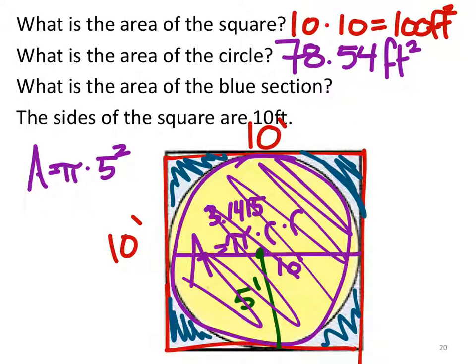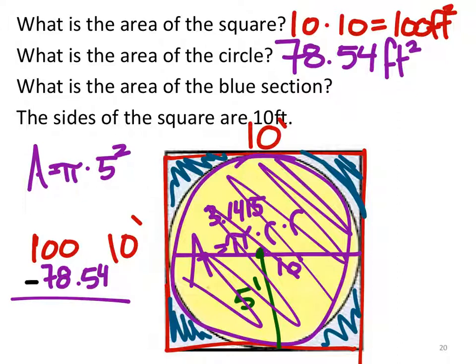So if I wanted the area of the blue section, I would take the area of the square at 100 square feet, and I would subtract from that the area of the circle at 78.54 square feet. So, you know, if you're not going to use a calculator, use place values on this thing. And there we go.